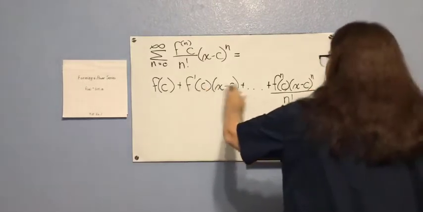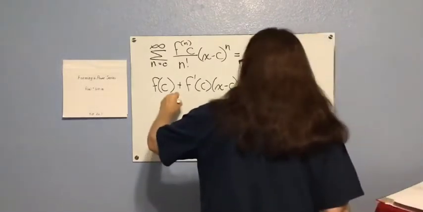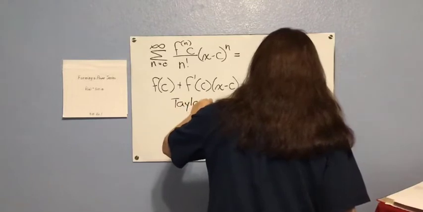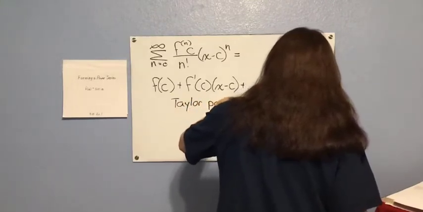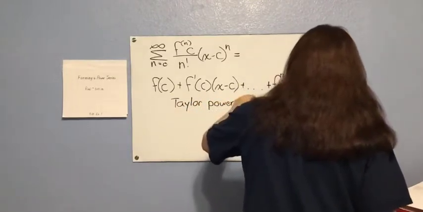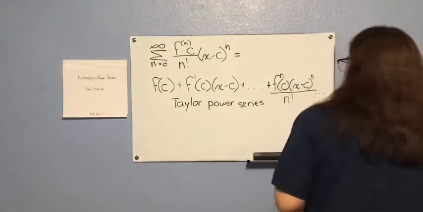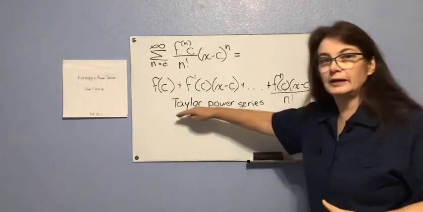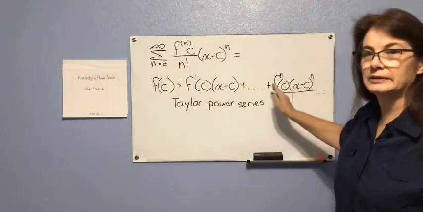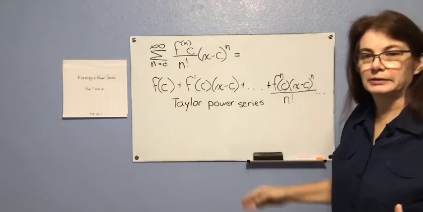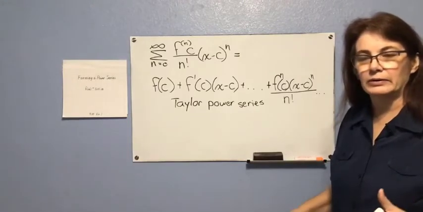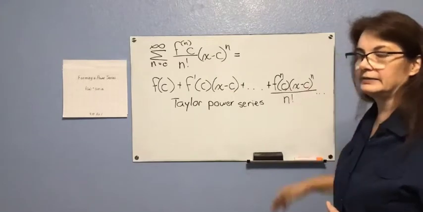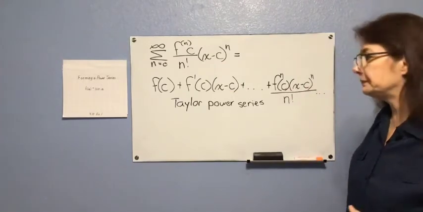Okay, so if we have this, this is called the Taylor power series. And you might say, well, that's just the Taylor polynomial. The difference is the Taylor polynomial has an end. We stop it at some point. We choose to stop it, make it a third degree or a fourth degree polynomial. The Taylor series is an infinite series, so it just continues.